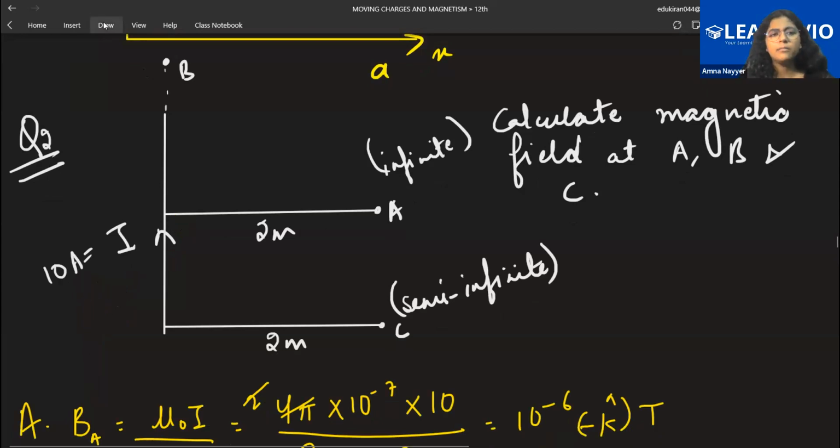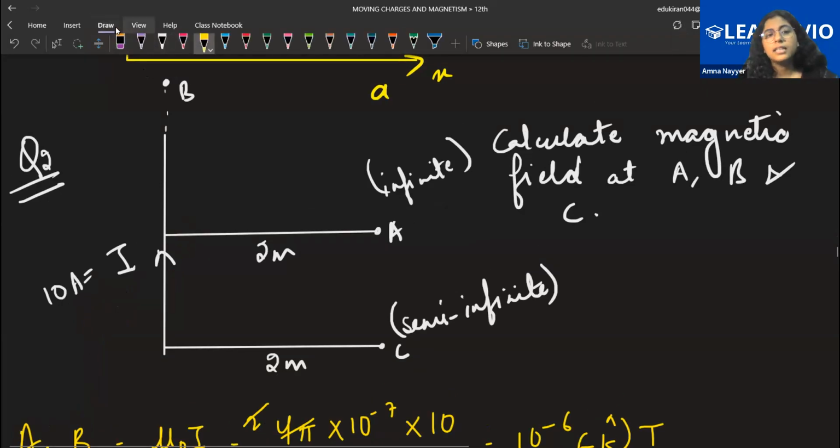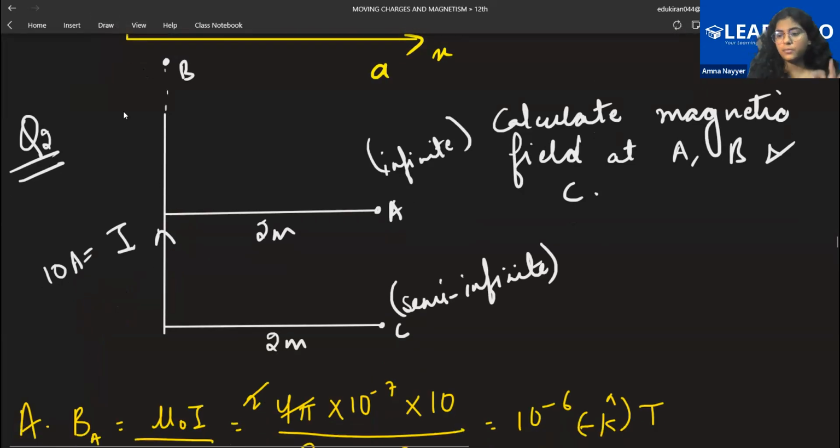Correct, Mariam? Straight away, remember this, because this was your first time, so it's okay, you have not done this chapter with me yet. Whenever the point is along the axis, straight away write the magnetic field as 0, because sine 0 degree or sine 180 degree is being formed.